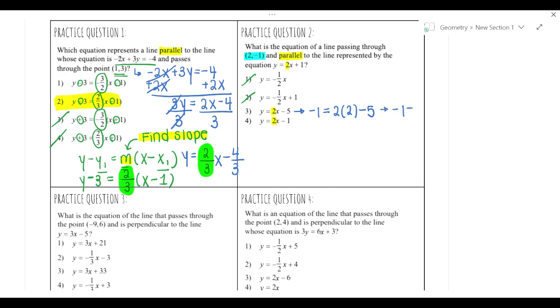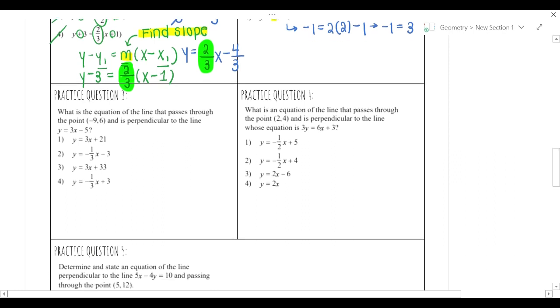On the left side, I have -1 is equal to 4 minus 5, which is -1. Hey, that worked. Let's check option number 4. When y is -1 and x is 2, I end up getting -1 on the left side, 4 minus 1 is 3, so that didn't quite work. So I know that my answer is option 3.